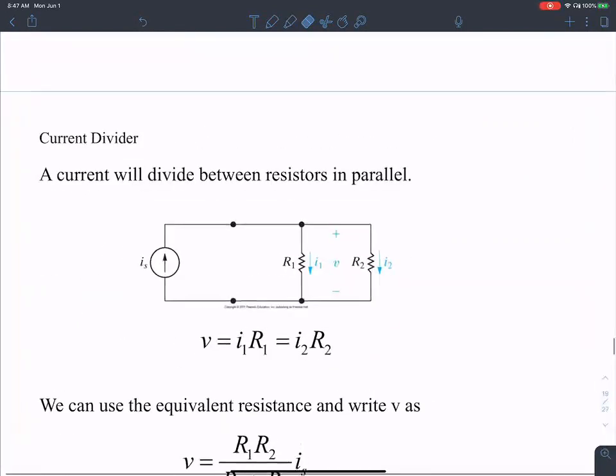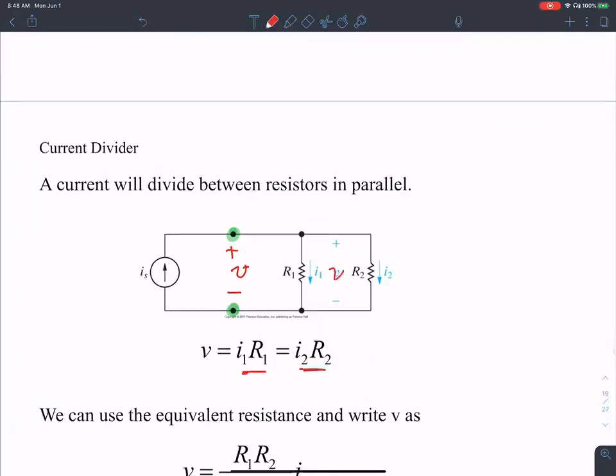I'll show you what I mean in a second. A current will divide between resistances in parallel. The important thing to remember is the voltage is exactly the same for both of these resistances. If V is the voltage, then the same voltage is seen across these two resistances.